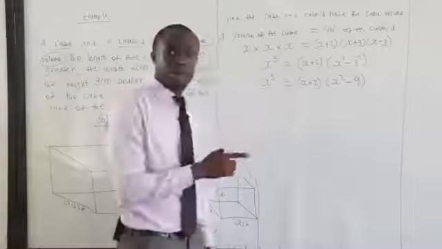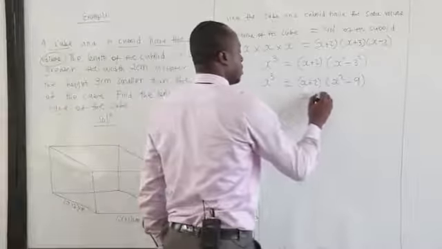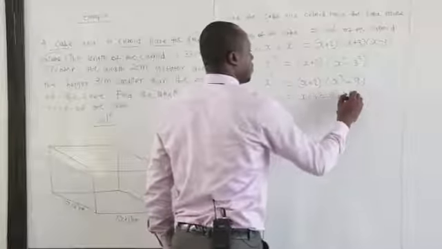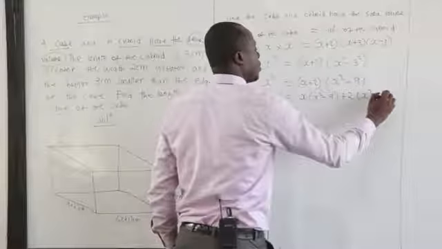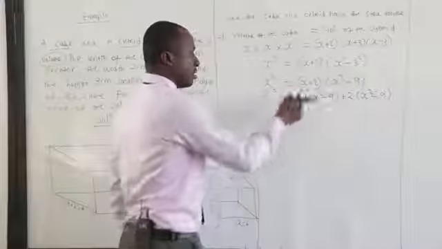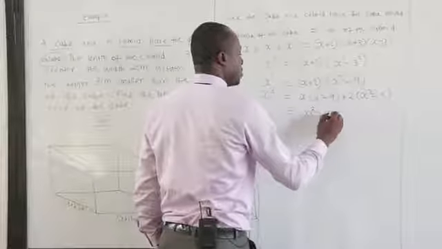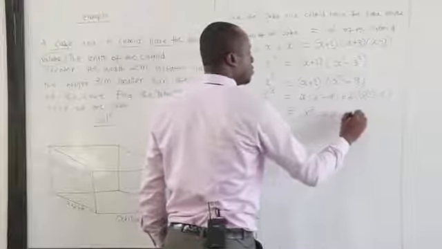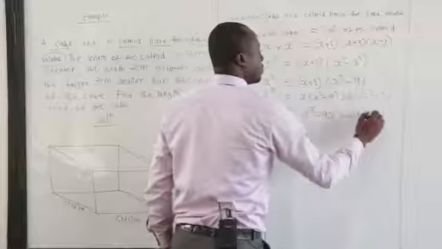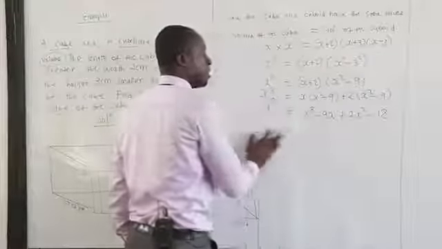We can multiply this out by expansion. We have x squared minus 9 plus 2, x squared minus 9. We have x to the power 3. Now multiplying out, we have x to the power 3 minus 9x, plus 2x squared, 2 times 9, that is minus 18. We have x to the power 3.